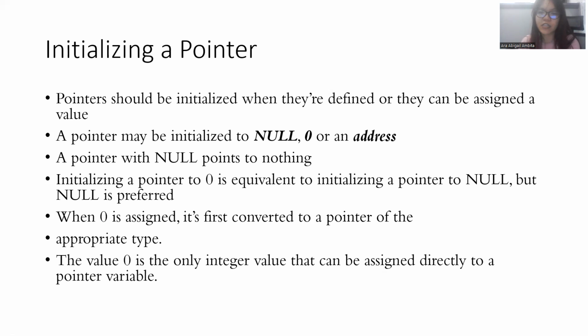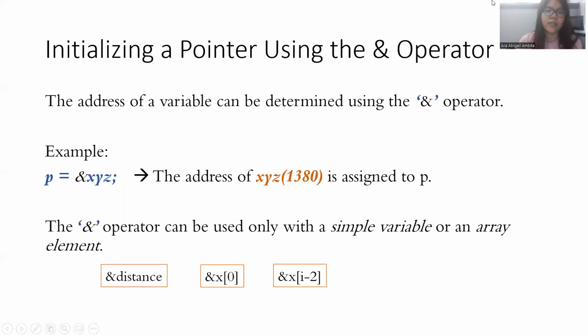So you cannot assign other integer values to a pointer, only a value of 0. As mentioned, you can initialize a pointer by using NULL, or you can assign it 0.